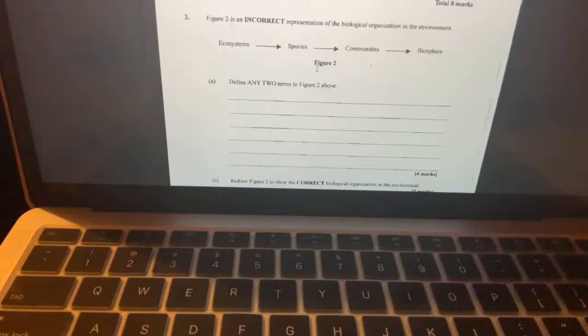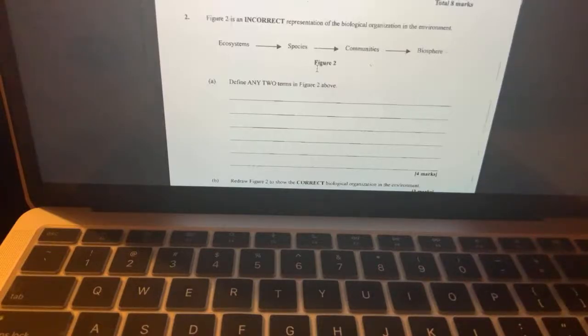We are going through some CAPE Environmental Science Unit 1 questions. This one speaks to the first part of the syllabus. It says, Figure 2 is an incorrect representation of the biological organization in the environment.